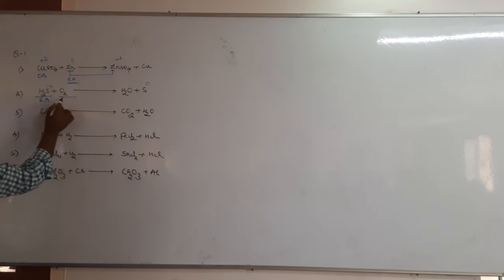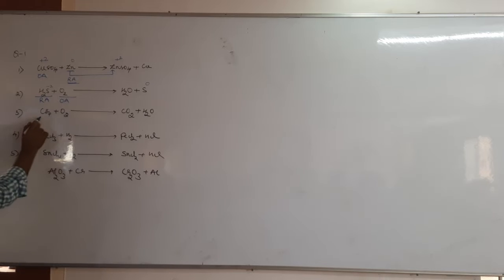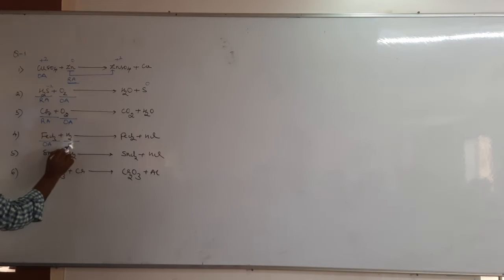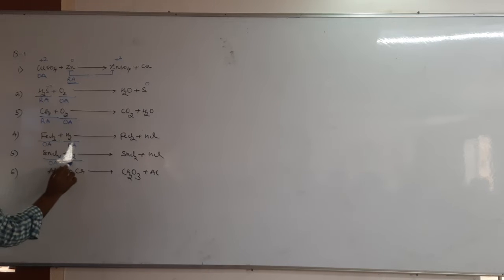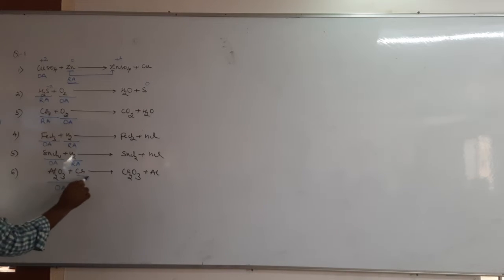Next, here also, identify the reducing agent and the oxidizing agent. Tell me, SnCl4 oxidizing agent, reducing agent. Al2O3 oxidizing agent, chromium is the reducing agent.